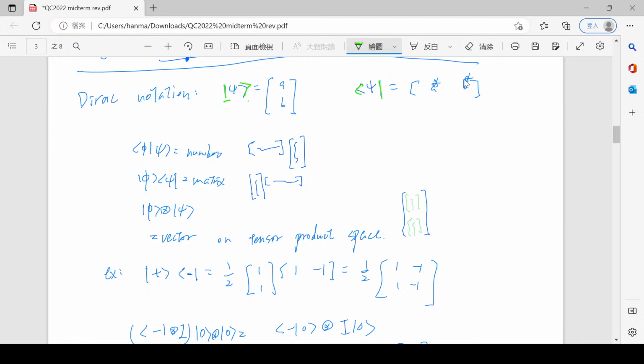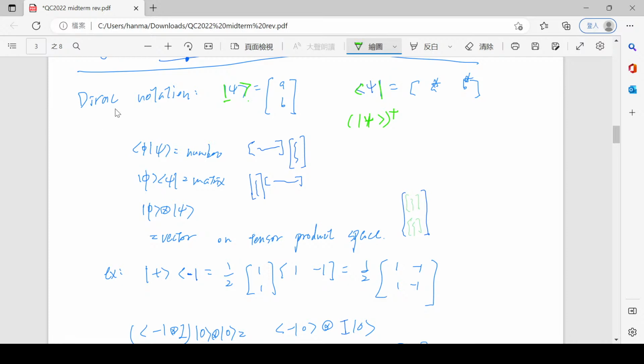Bra vectors are always row vectors, and the bra is actually the ket vector with a dagger. So you do the transpose and the complex conjugate. This a will become a star and the b will become b star. So those two vectors are related to each other by this dagger operation. That's the ket vector and the associated bra vector.